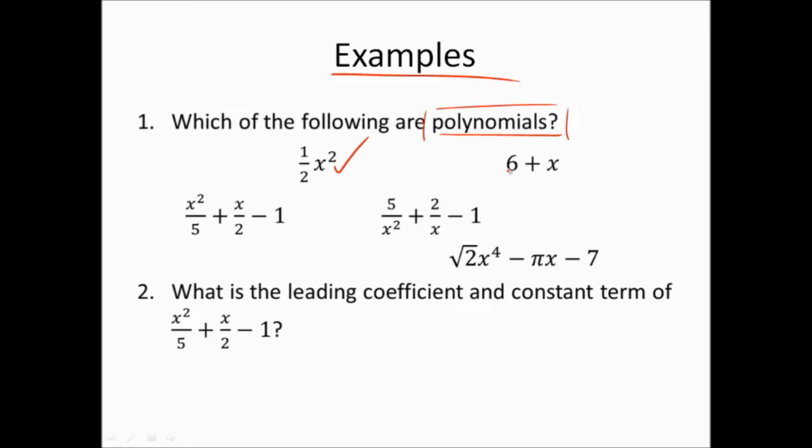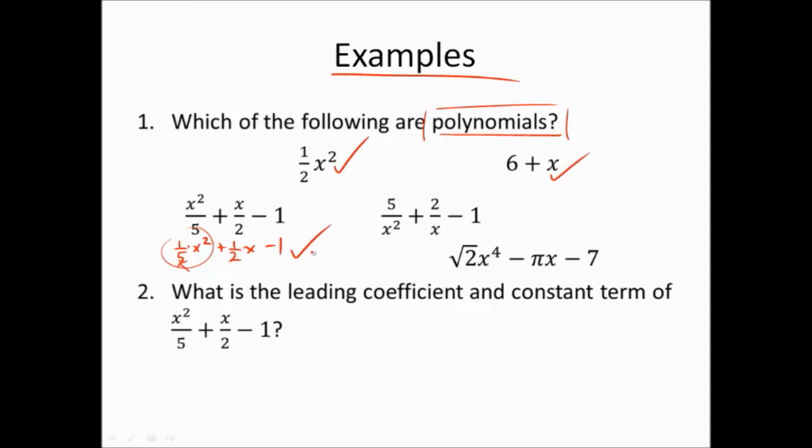Here, these are both terms that are products of numbers and variables. Check. This one here, you could have seen this as 1/5 x squared plus 1/2 x minus 1. Therefore, each term looks like a product of a number and some variables.